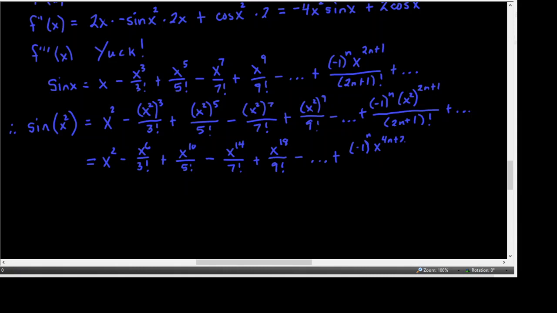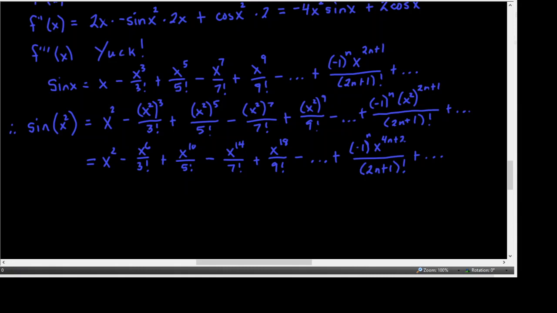That's when I do 2 times 2n plus 1, distributing, over 2n plus 1 factorial plus dot dot dot, which is way, way simpler than trying to do this using those guidelines.